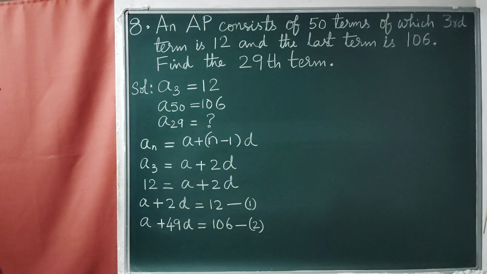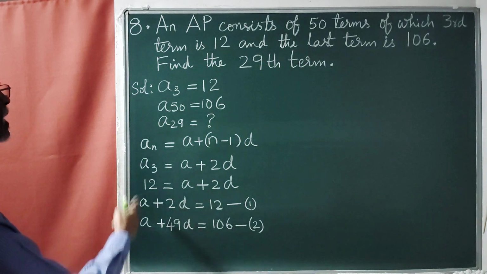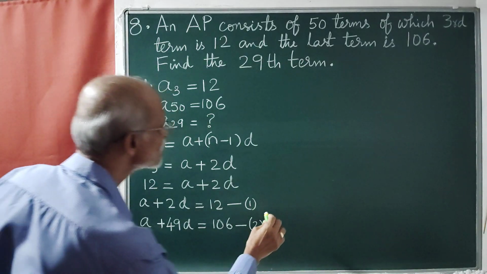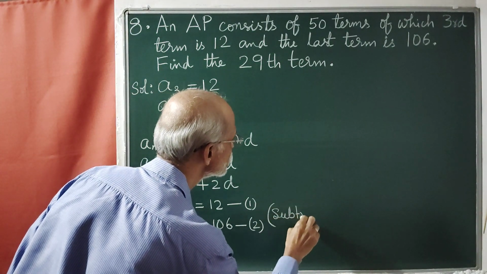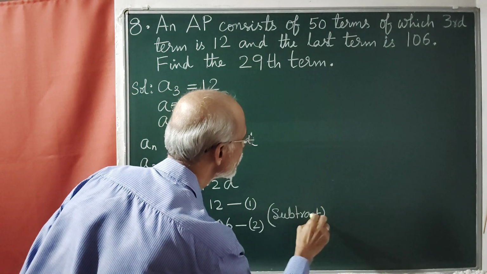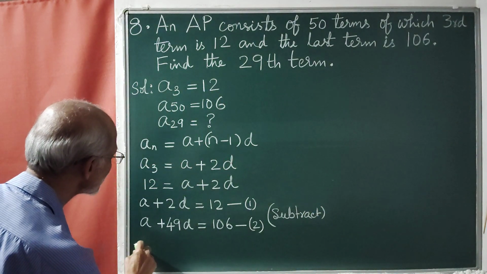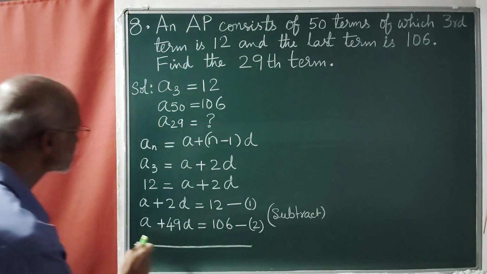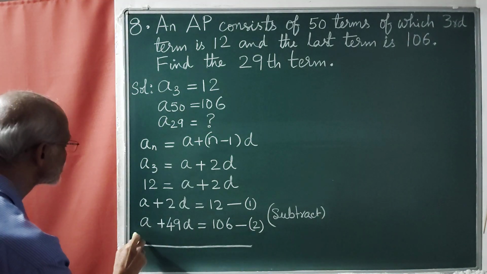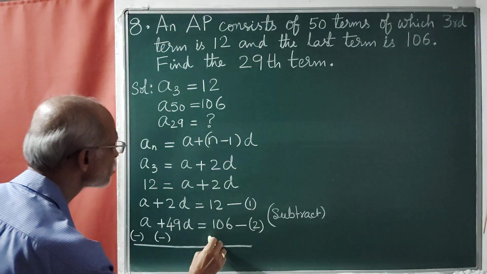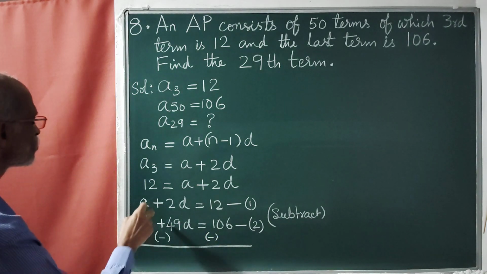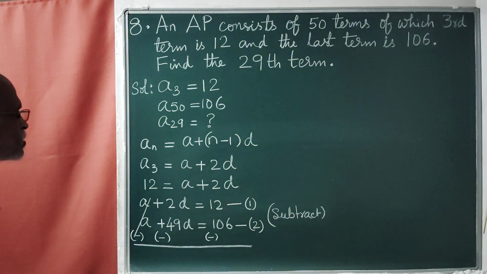Simply if I subtract them, A will get cancelled out. So we will subtract. When we subtract, we have to change the signs of the lower equation. Plus becomes minus, minus, here also minus. So plus A minus A got cancelled there.